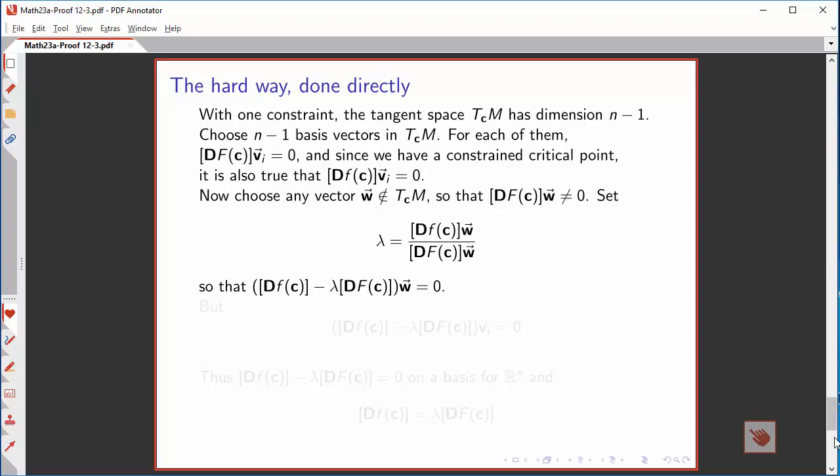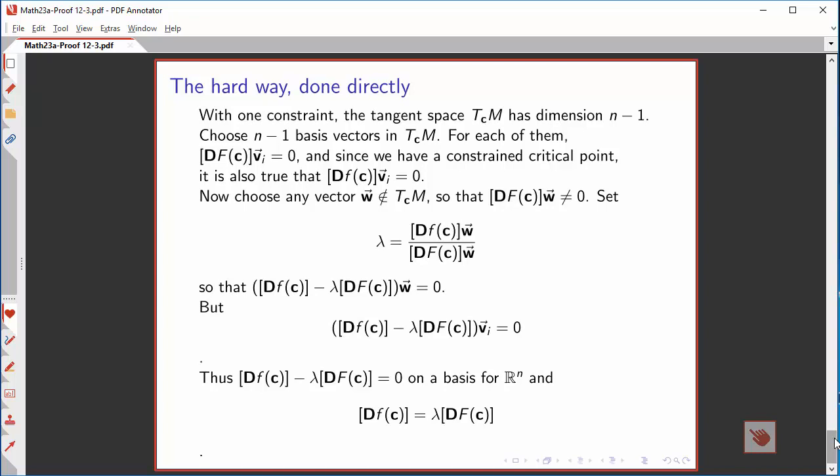Since it's different from 0, we can divide by it, and I'm going to set lambda equal to d little f acting on this vector divided by d capital F acting on the same vector. With this definition of lambda, you can mentally multiply through by d capital F, and you see that when you take d little f minus lambda times d capital F, that Jacobian matrix acting on the vector W gives 0.